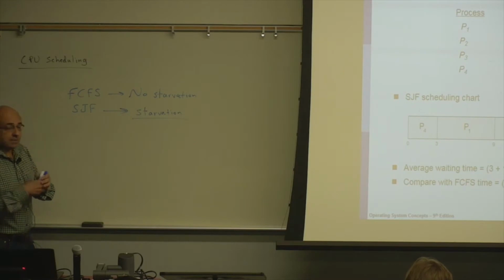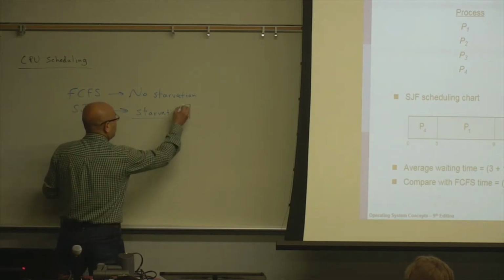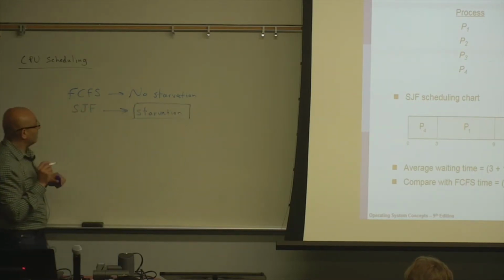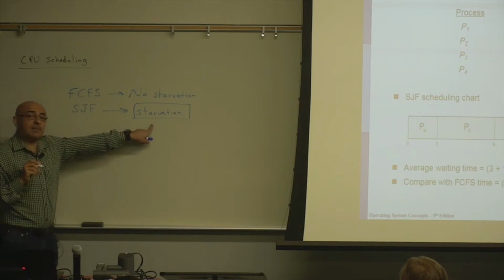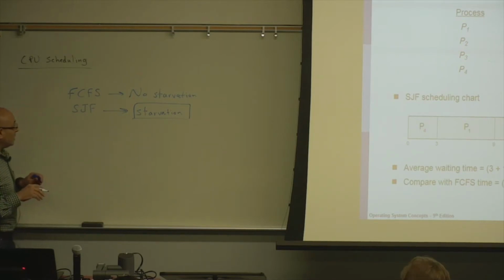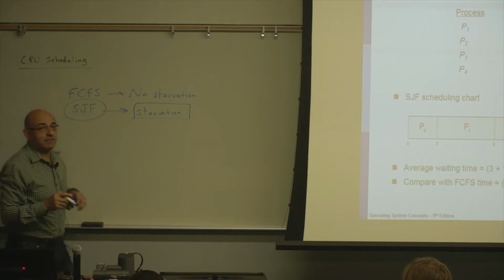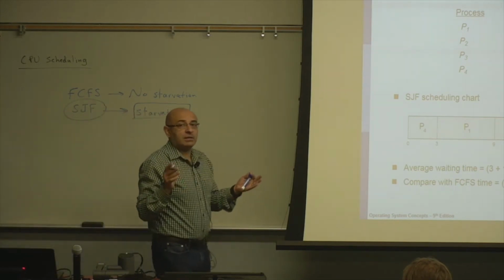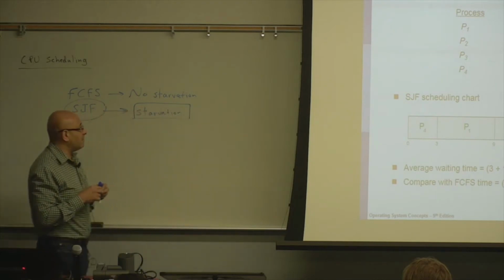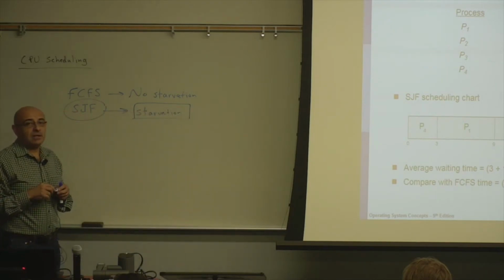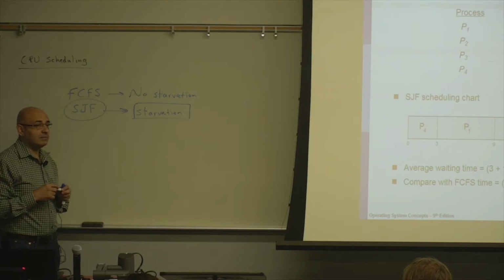Generally speaking, and I think I mentioned this last time, starvation is a problem that a certain family of scheduling algorithms suffer from. Shortest job first is a special case of a more general kind of algorithms that suffer from starvation. And what's that more general kind?